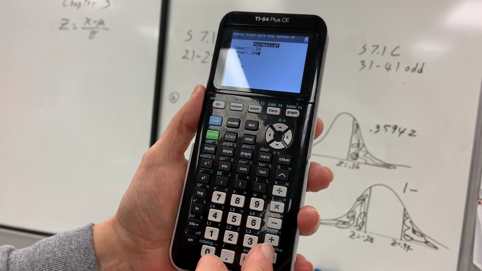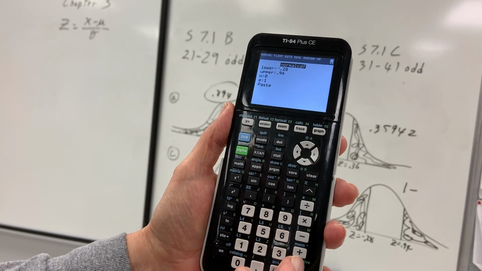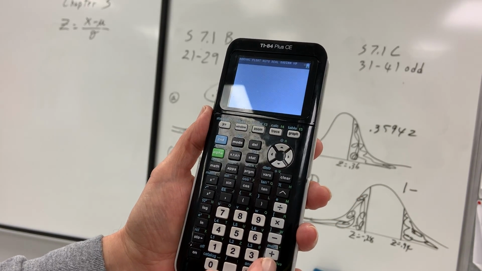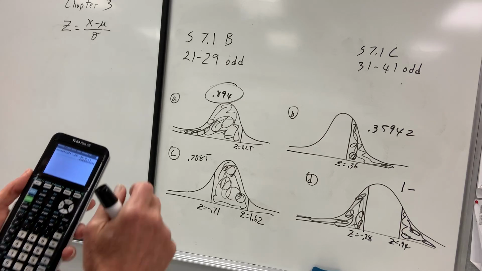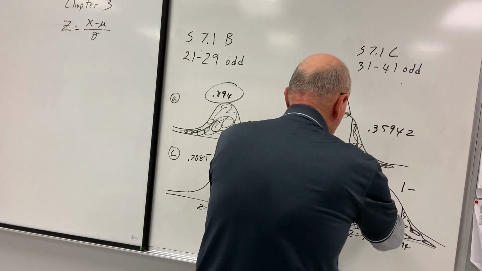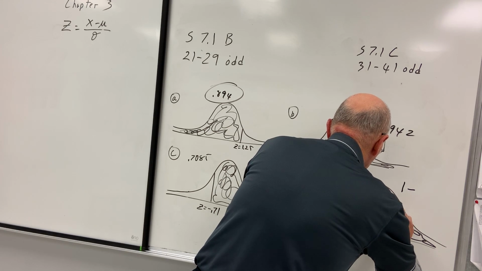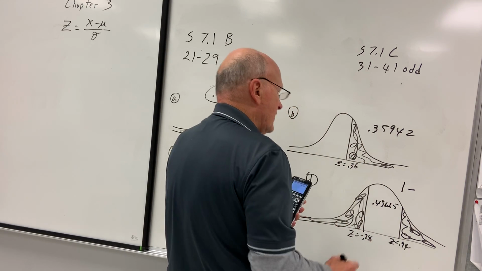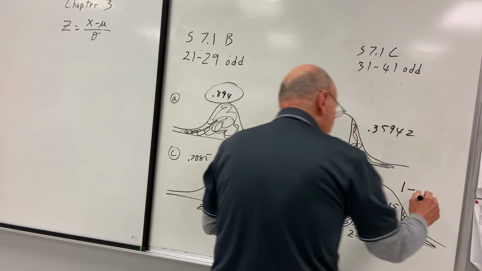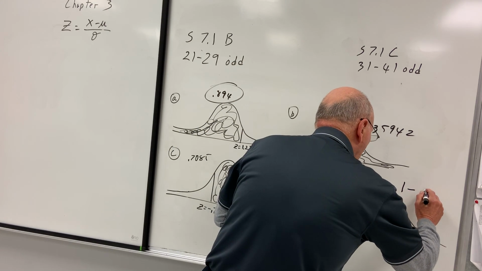And then we're going to hit enter and enter and enter and enter and enter. And we see that this area right in here was 0.43665 and so forth.